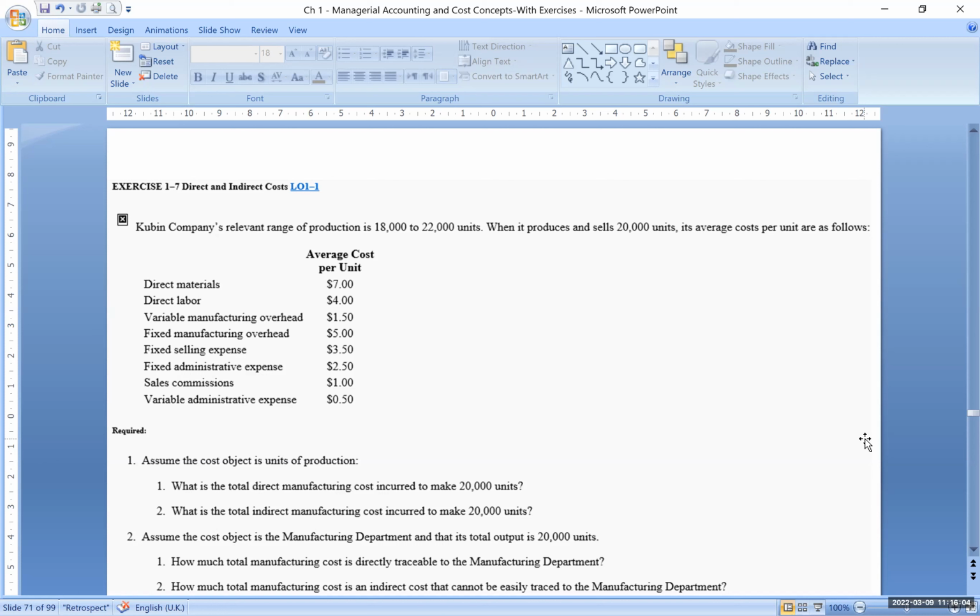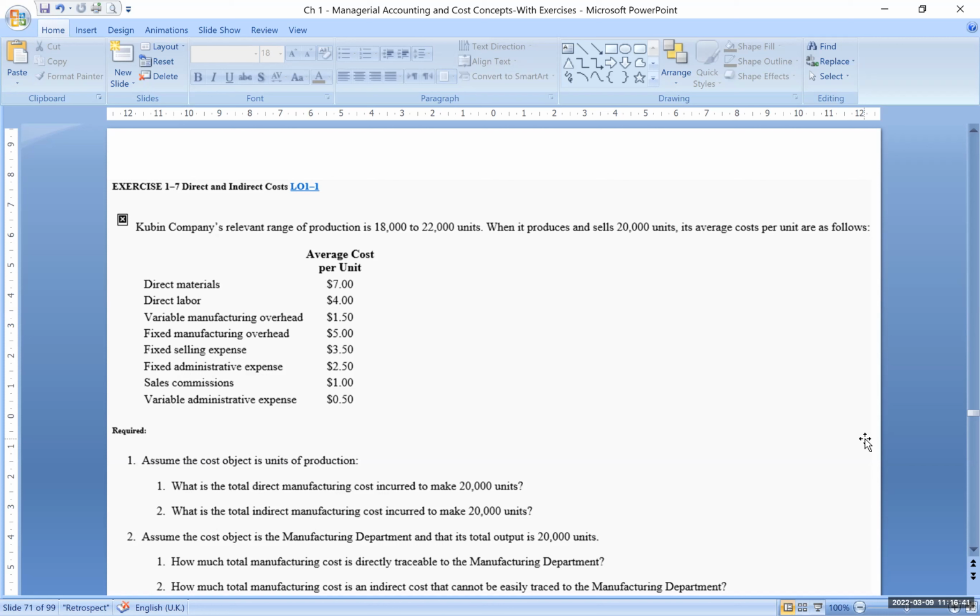Yes. The manufacturing bubble, if you like, includes direct material, direct labor, and the manufacturing overhead. Now, we said the first two are traceable for the unit. But if we are talking about the department, the manufacturing department includes all of these as manufacturing costs. The manufacturing department should be allocated all manufacturing costs.